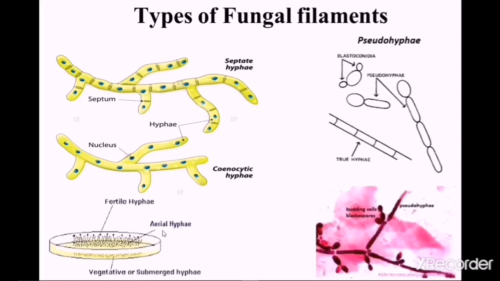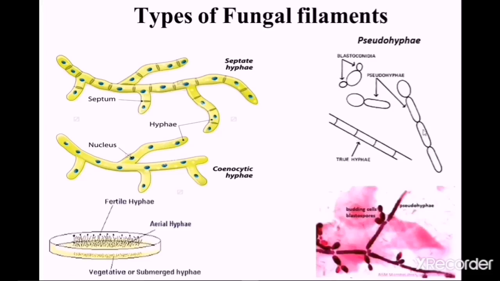Then you have aerial hyphae, which are above the surface of the media, and vegetative hyphae, which are submerged in the media. Then pseudohyphae. These are chains of elongated cells, for example in yeast, formed by budding. The septa are curved, and there is constriction at the origin of branches. Cell walls are constricted at septa.